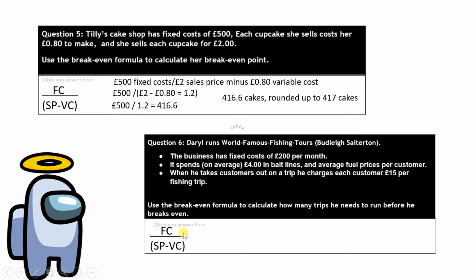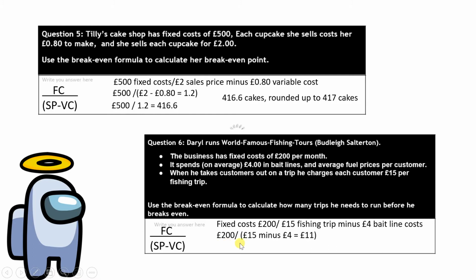It's good practice to remind ourselves of the break-even formula, so here it is again. So let's note down the costs in the right order from the question. Fixed costs are £200 divided by £15 as the sale of the fishing trip minus £4, the cost of the bait lines.